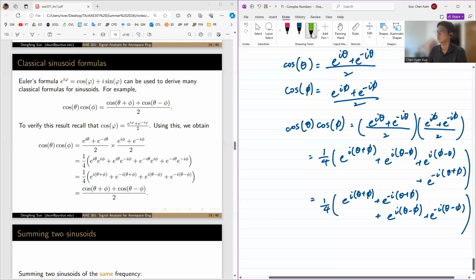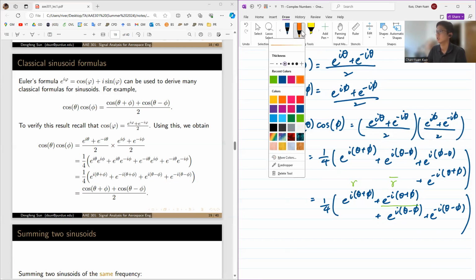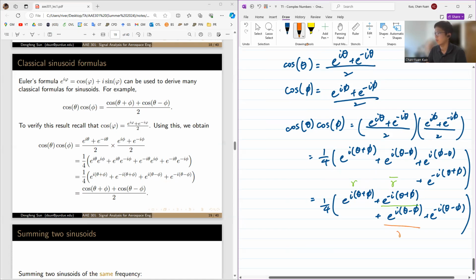So you will notice that this is the complex conjugate of, so if this is gamma, then this is gamma bar, which is the complex conjugate of gamma. And this term here, if this is gamma prime, then this is the complex conjugate of gamma prime.